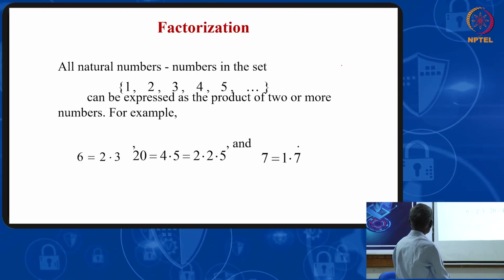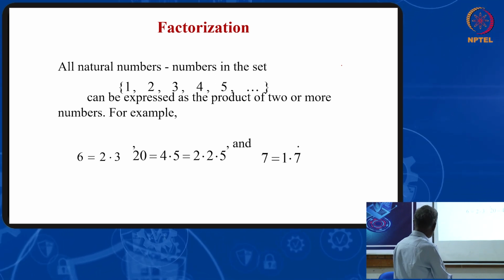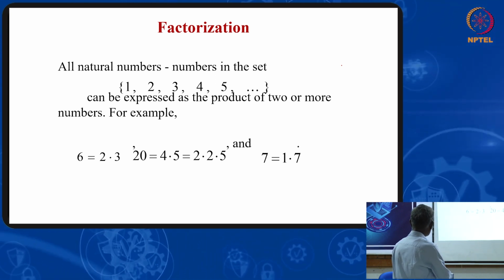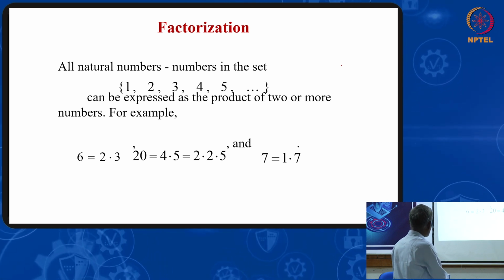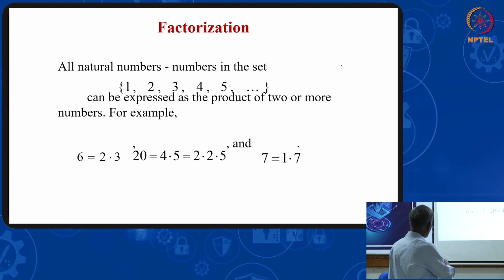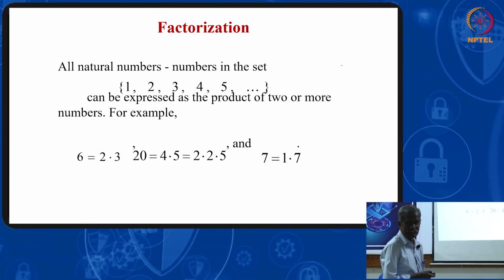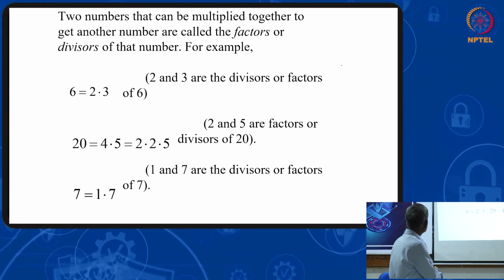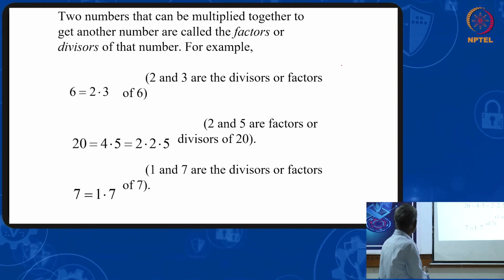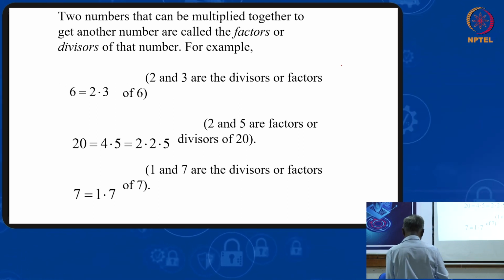Now, factorization means a number can be expressed as a product of some other numbers. For example, 6 can be expressed as 2 into 3, 20 can be expressed as 4 into 5 or 2 into 2 into 5, and 7 can be represented as 1 into 7. These are all called factorization. 2 and 3 are the divisors of 6.